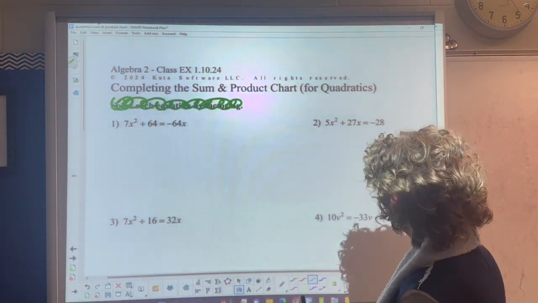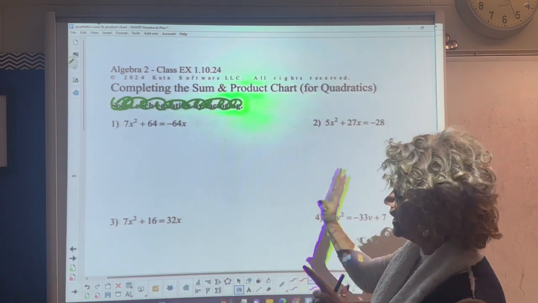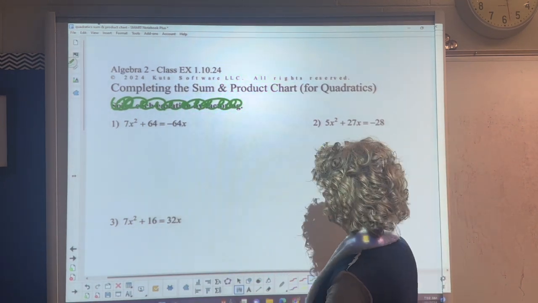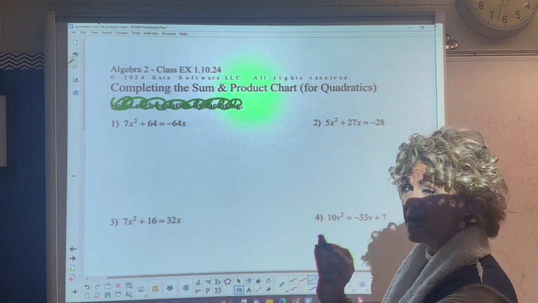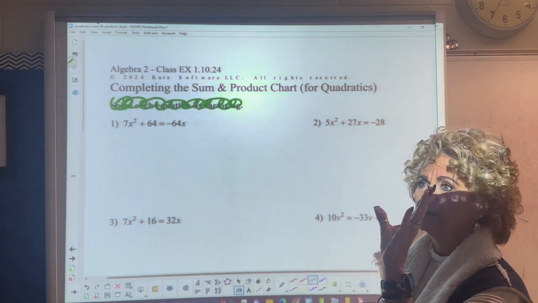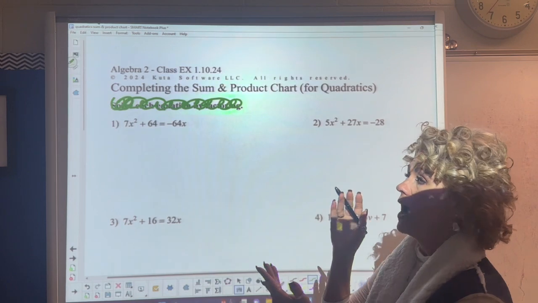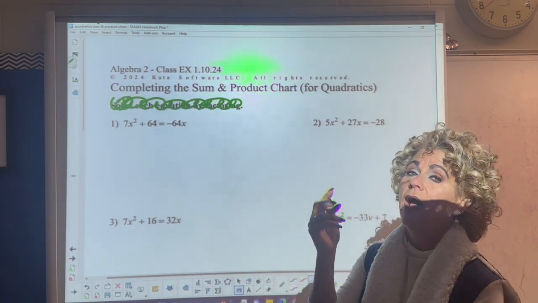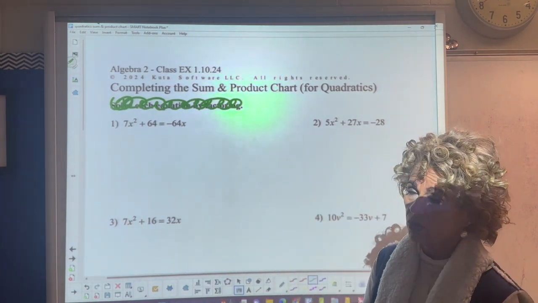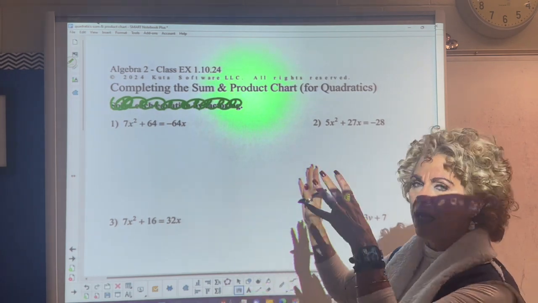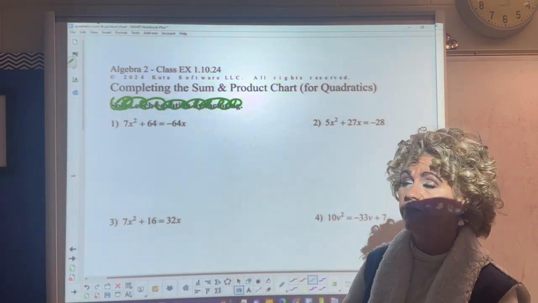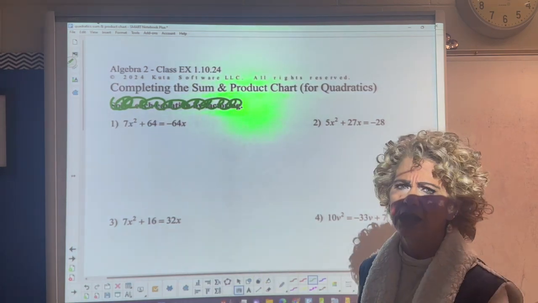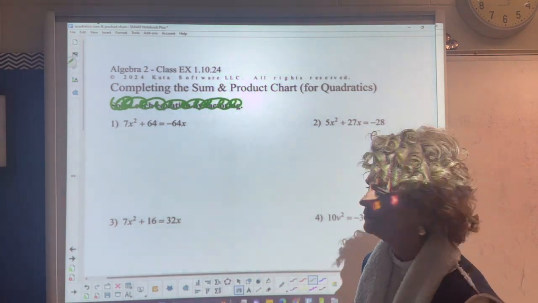So if we have to manipulate or move anything around, we're always going to choose to work with a positive leading coefficient. That means our A value, the coefficient of our quadratic term, is always positive if we have to manipulate it in any way. If it's already set up for us, if one side's already equal to 0 and our leading coefficient is negative, we don't care.